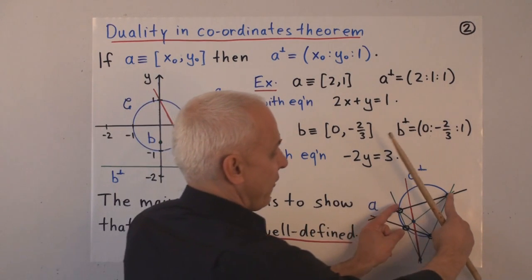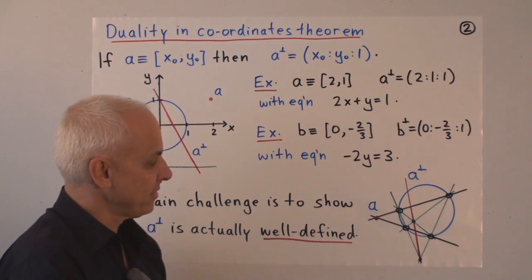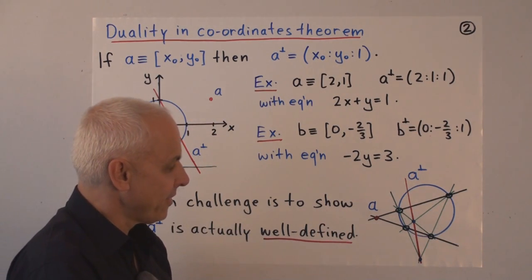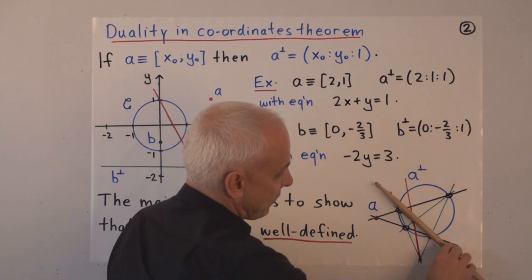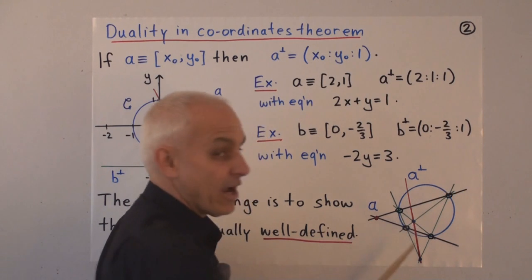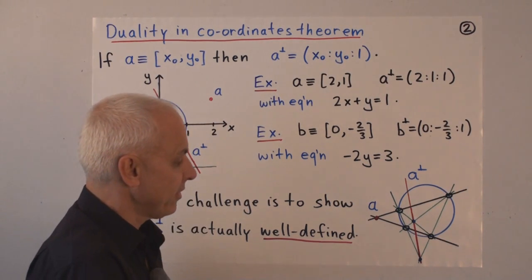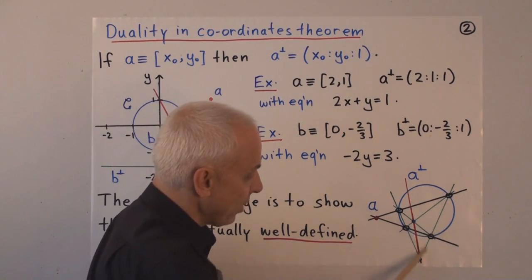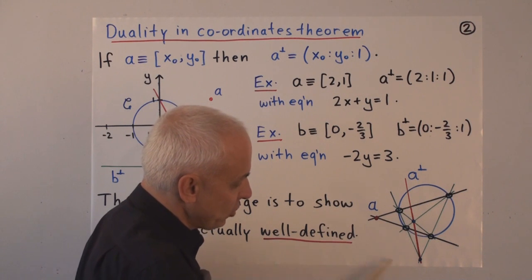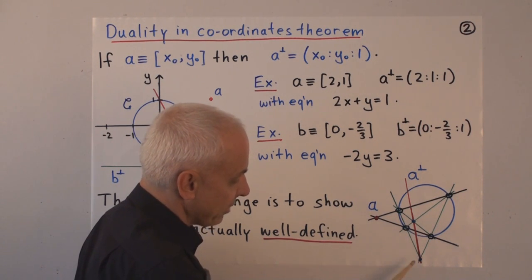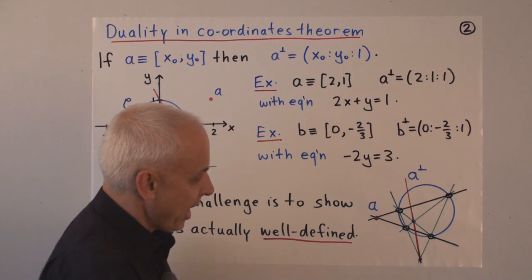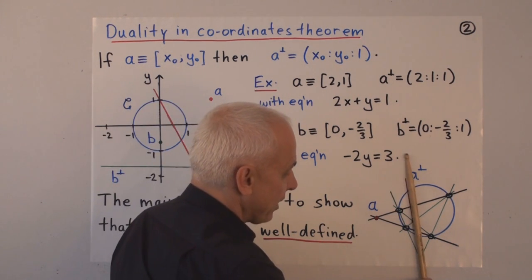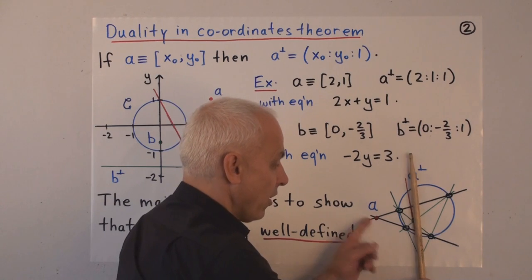Then looking at those 4 null points as a quadrangle, we look at the other lines that connect those 4 points besides the 2 we've already got. So there are these 4 new lines, and they meet in 2 additional points called diagonal points. There's one down here, and there's one up there. And it's the line through those 2 diagonal points which is then the dual of the point A.